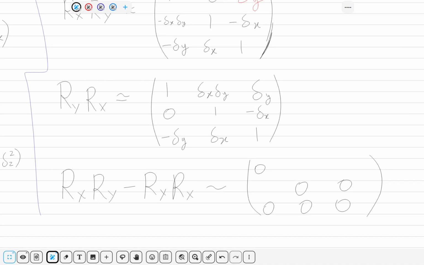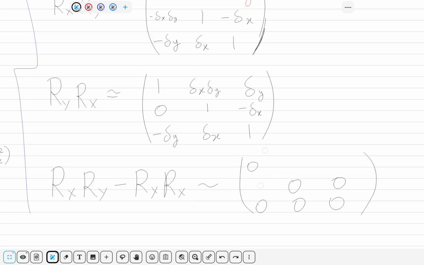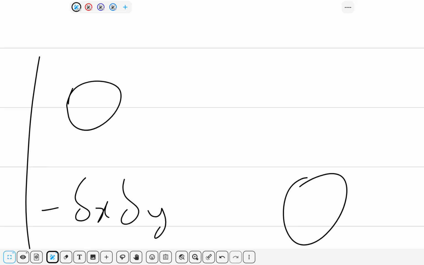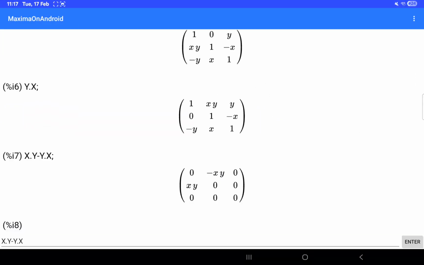So it's minus delta x, minus delta x delta y, minus delta x delta y, right? Okay, it's a minus plus here.